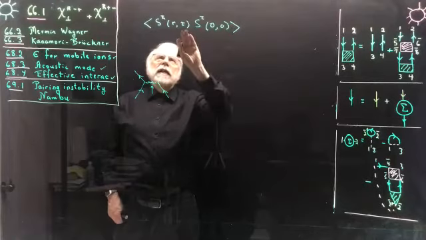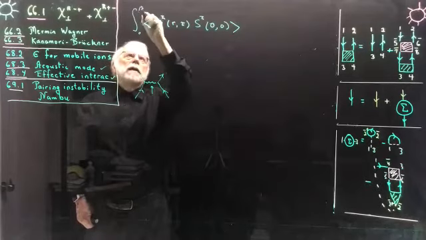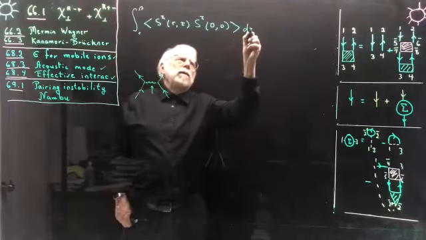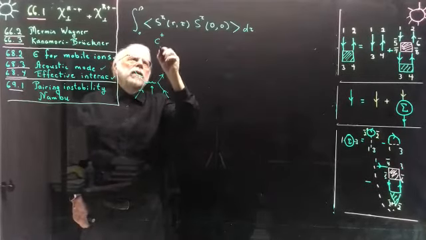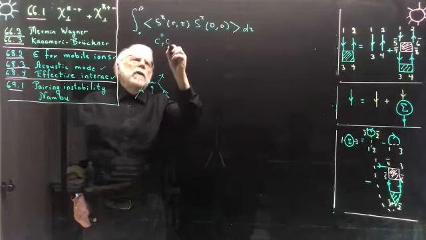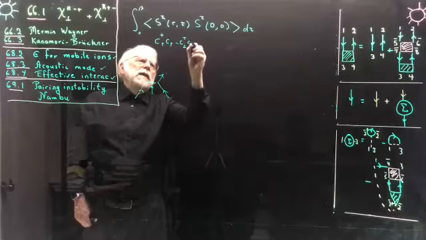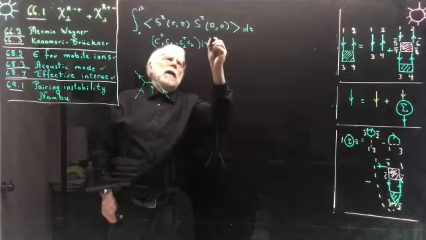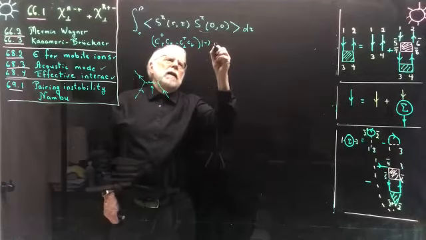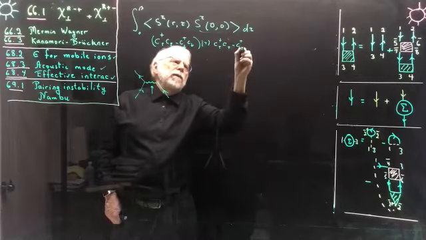In the end, the thermodynamic instability is just the integral from 0 to beta d tau of C dagger up, C up, minus C dagger down, C down, everything at time tau, and the same thing at time 0.